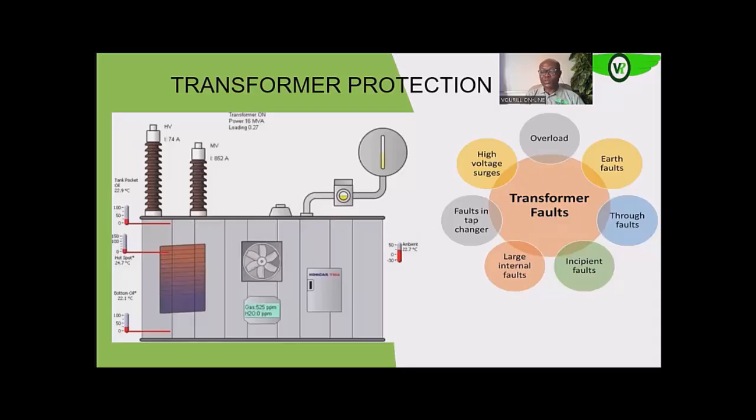For internal faults too, as we'll see later, we have protection systems that help protect against faults within the transformer winding. As we'll see later, the Buchholz relay helps us protect the transformer against some of these internal faults. But on larger transformers, we have protection systems tied to the windings themselves internally.